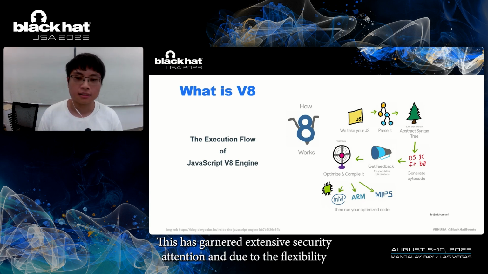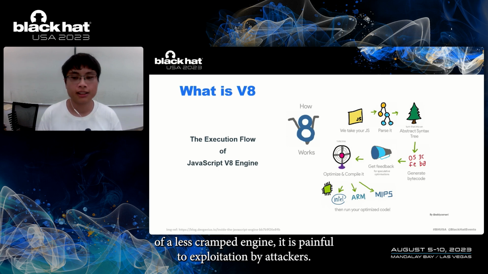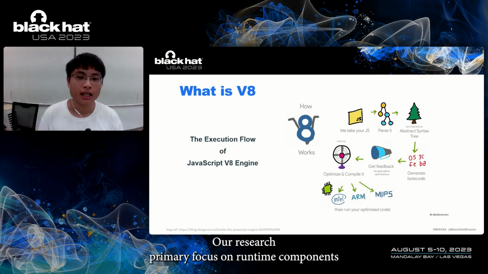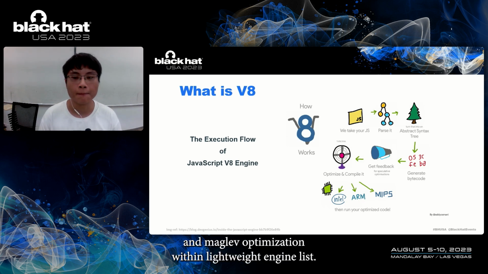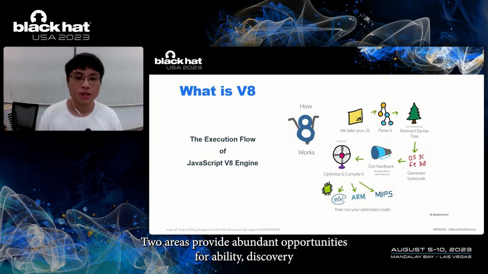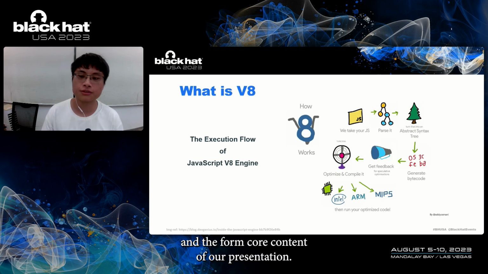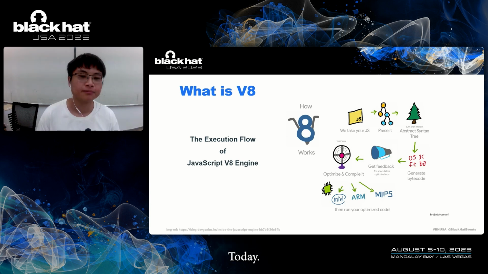This has garnered extensive security attention, and due to the flexibility of the script engine, it is prone to exploitation by attackers. Our research primarily focuses on the runtime component and the Maglev optimization within the V8 engine. These 2 areas provide abundant opportunities for vulnerability discovery and form the core content of our presentation today.